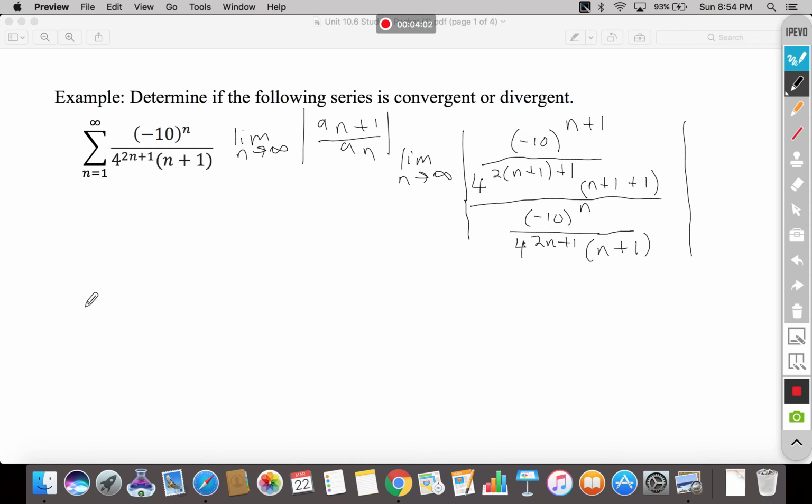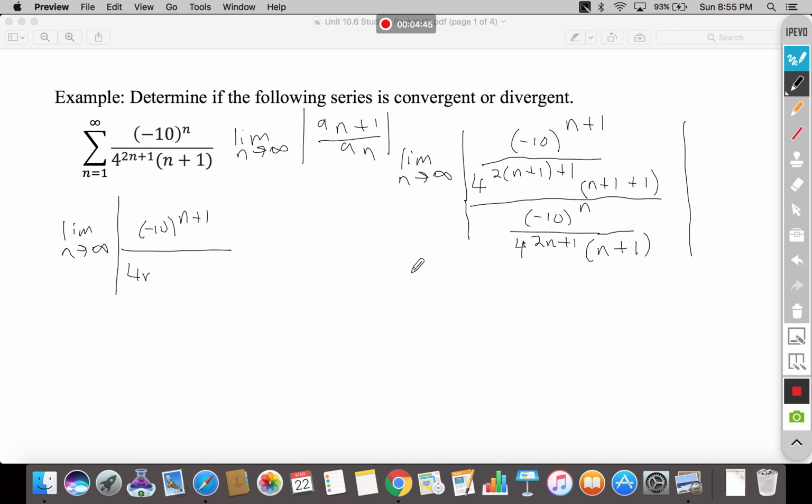So what we're really interested in is the limit as n approaches infinity of the absolute value of, and we're going to clean up that whole upper part of this fraction, negative 10 to the n plus 1, which can't really change, over, when we clean up this whole denominator down here, I'd end up with 4 to the 2n, distribute the 2, plus 3. So 4 to the 2n plus 3.